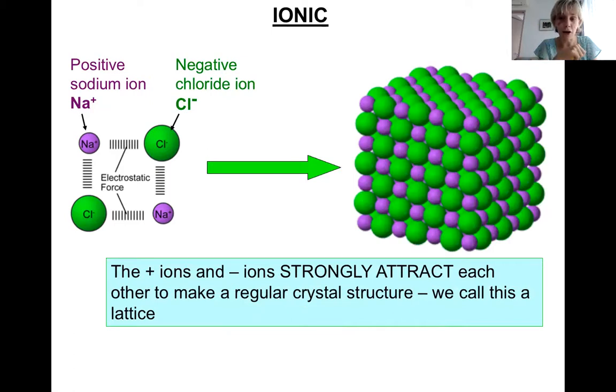However, it's very, very hard to draw that 3D structure in an exam, so you would need to remember to talk about how each positive ion has 6 surrounding negative ions, and each negative ion has 6 surrounding positive ions. And as we talked about, the positive and negative ions strongly attract each other, our electrostatic attraction, to make the regular crystal structure, and we call that the lattice. That repeating structure is a lattice.